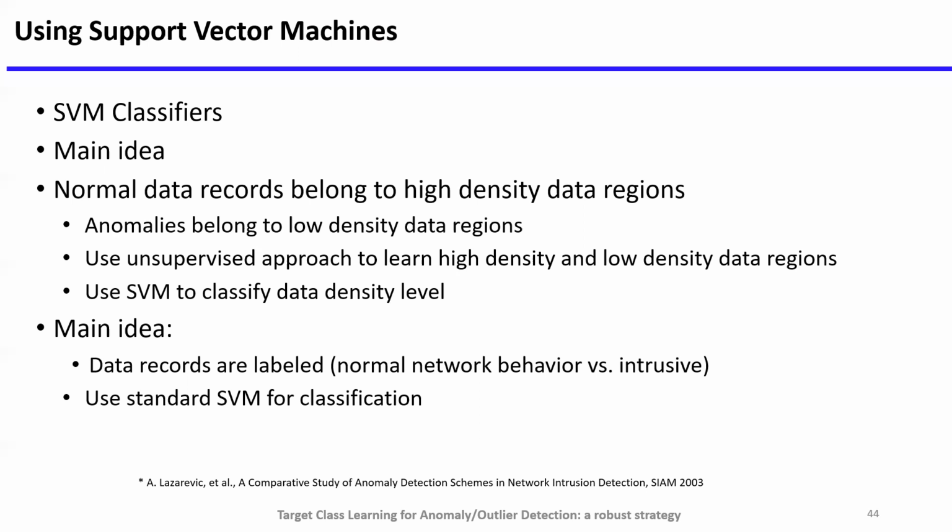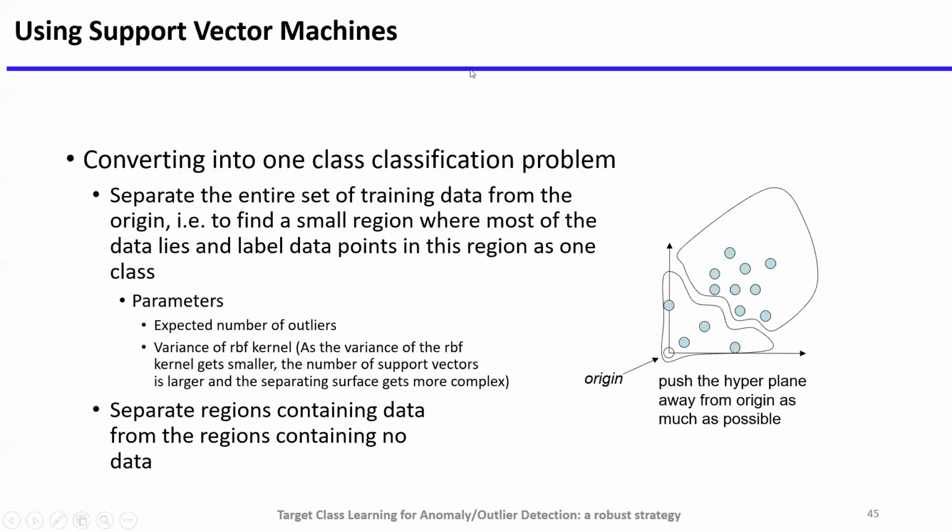If we have these two classifications in terms of high and low density data regions, we can use support vector machine to classify the data density levels. A typical SVM method can be used to classify normal network behavior or an intrusion occurrence. One class classifications are also used in a similar fashion.